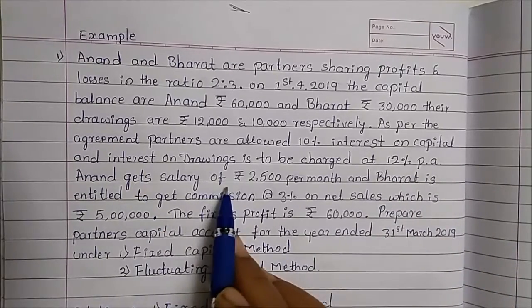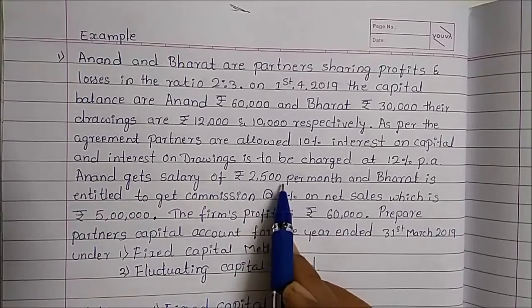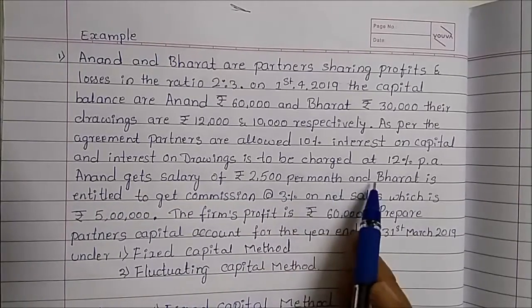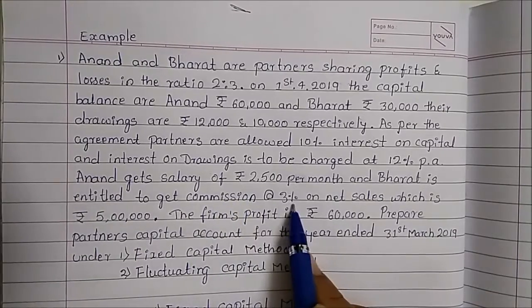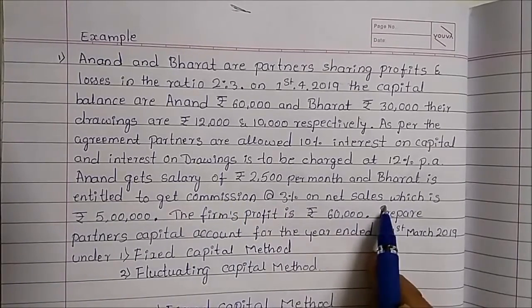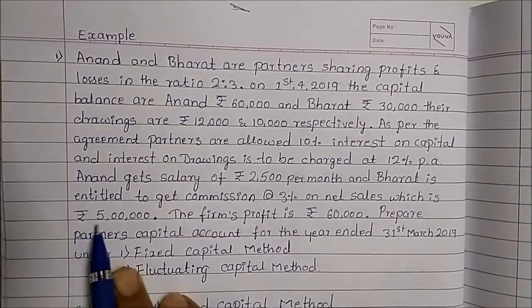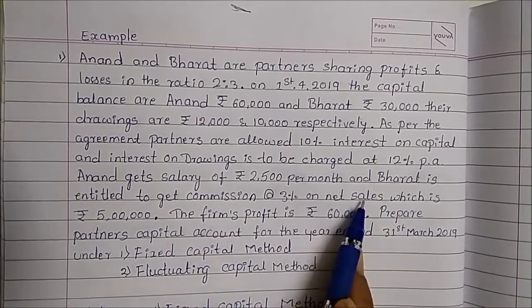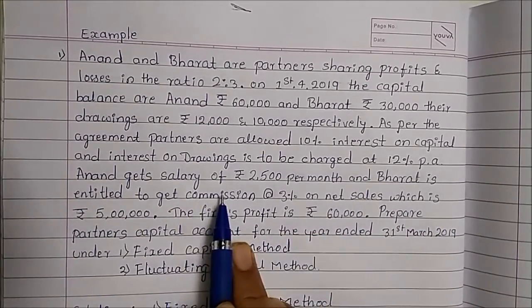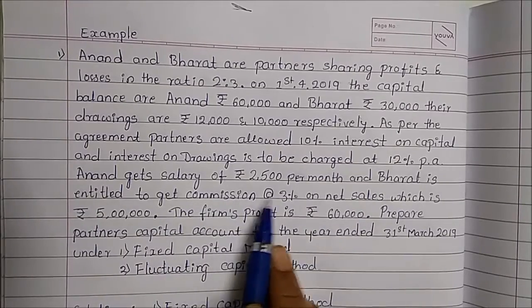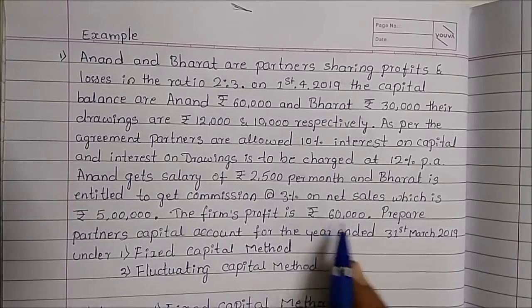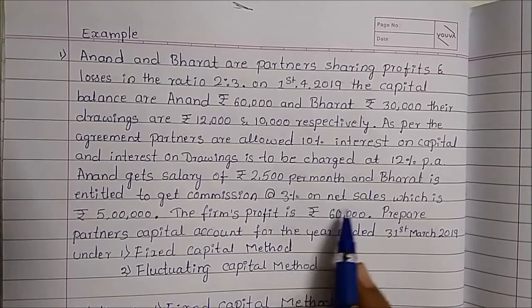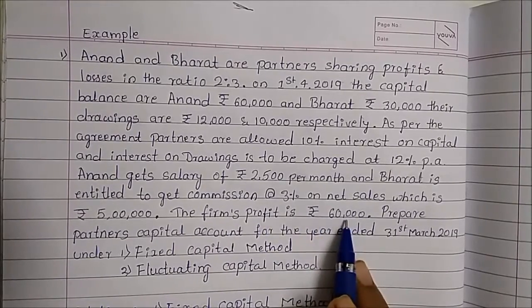Anand gets a salary of rupees 2,500 per month and Bharat is entitled to get a commission of 3% on net sales, which is rupees 5 lakhs. On the 5 lakhs, Bharat is getting a commission of 3%. The firm's profit is 60,000.